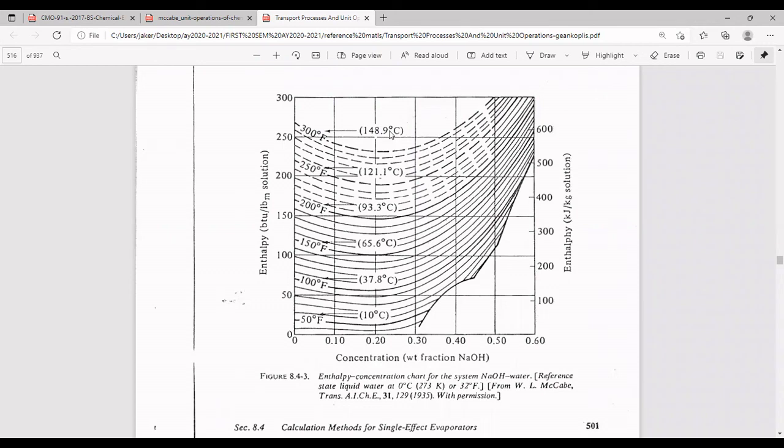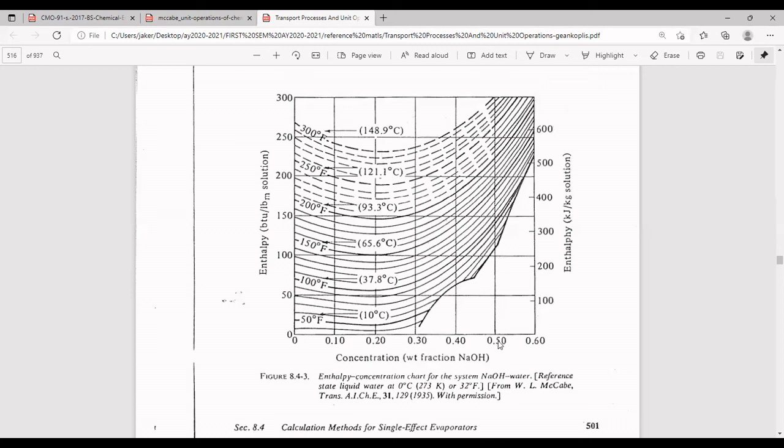So what I teach my students then is you subtract these two temperatures and divide it by 4 because you have 4 divisions. 1, 2, 3, 4. And then that would be the temperatures of each of the curves here. And you look for your 140. Probably 140 is a little bit below this 148.9 curve.